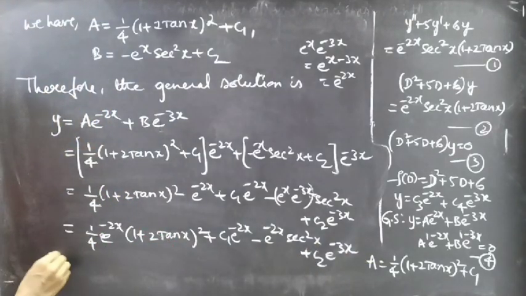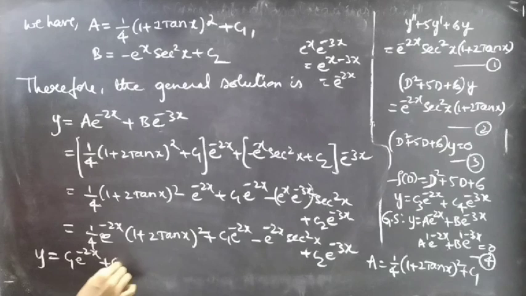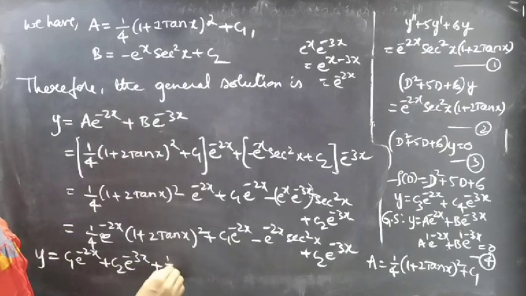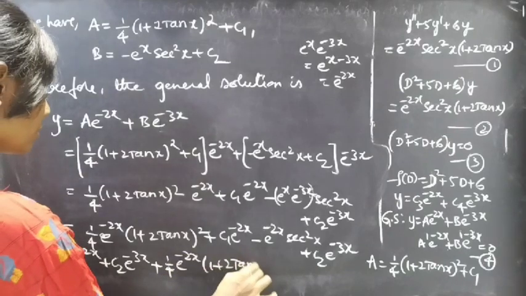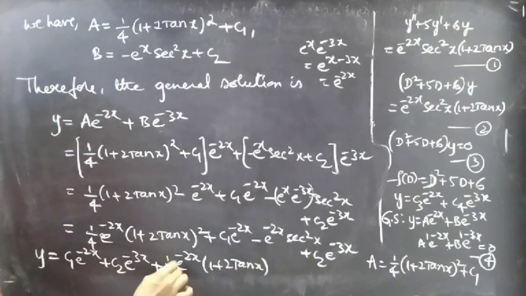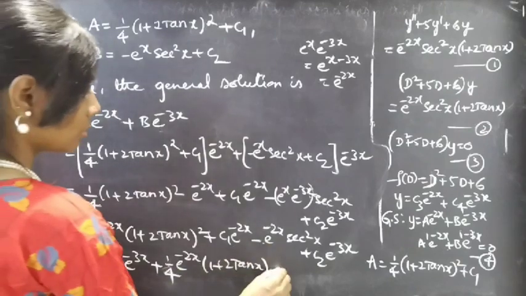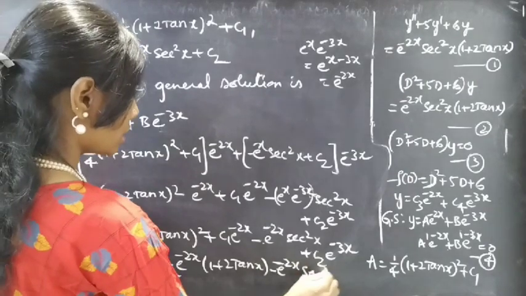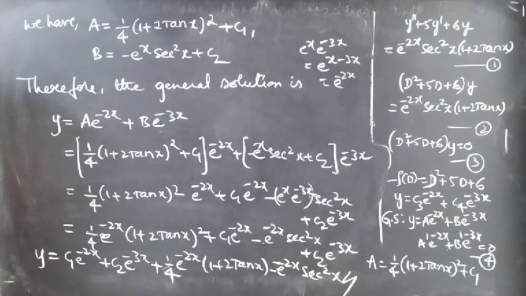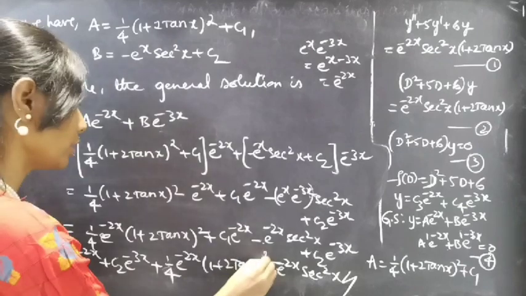Right, from this we'll get y equal to, writing the terms involving c1 and c2, c1 e power minus 2x plus c2 e power minus 3x plus 1 by 4 e power minus 2x of 1 plus 2 tan x whole square minus e power minus 2x secant square x, which completes the problem.